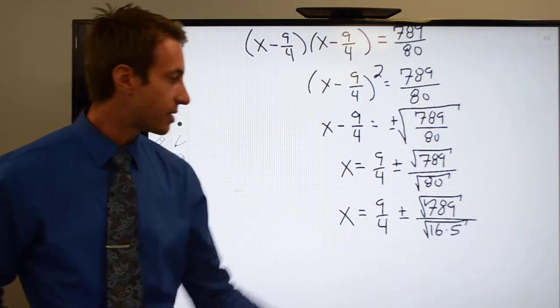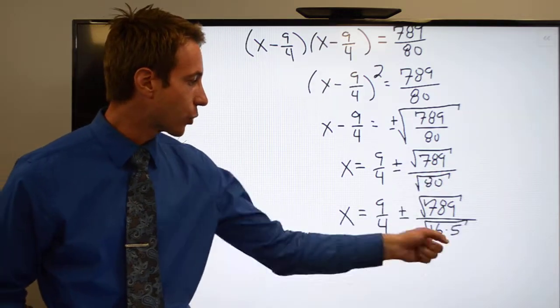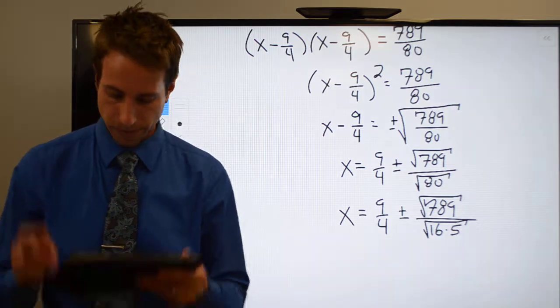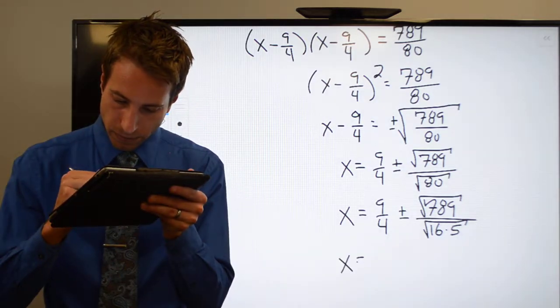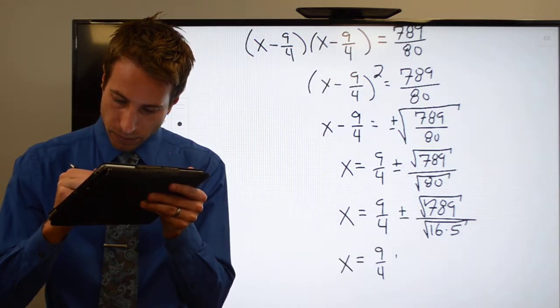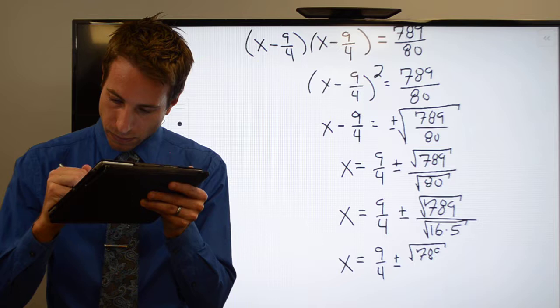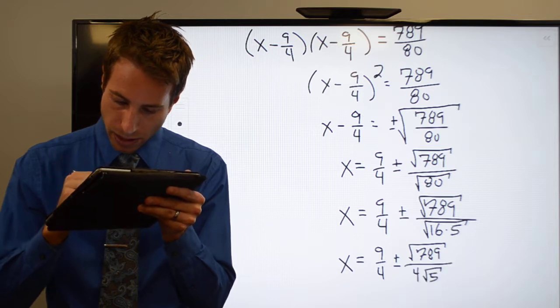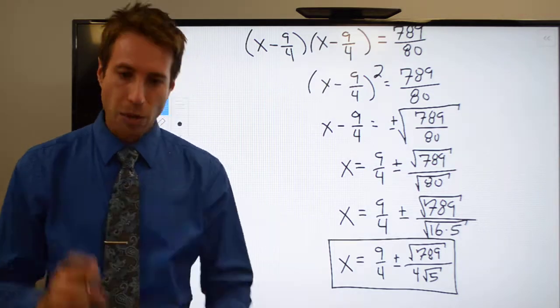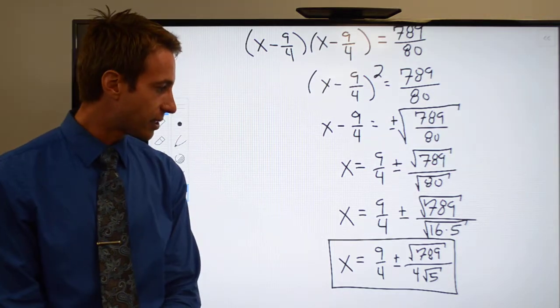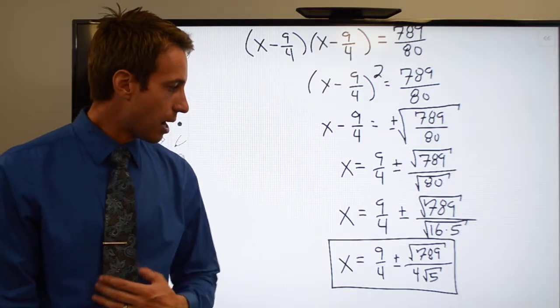Why? Well, because 16 times 5 gets me 80, and the square root of 16 is 4. And there you go. Pretty sure that's as simplified as it gets.